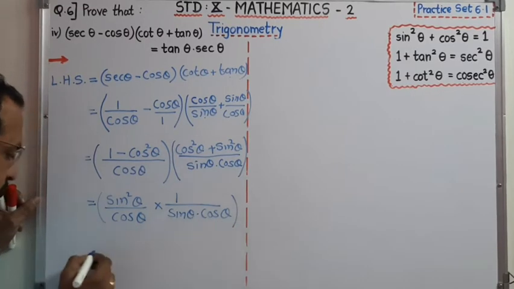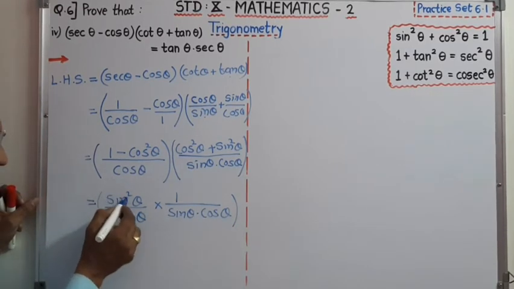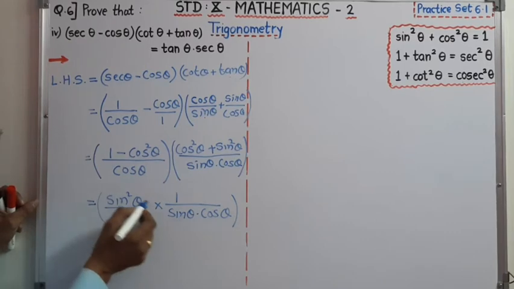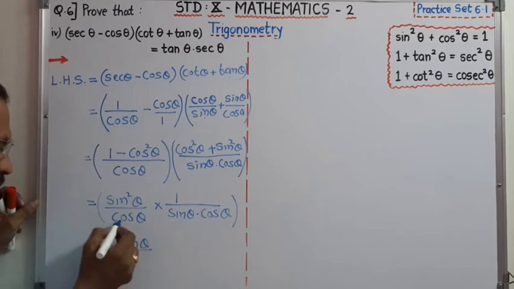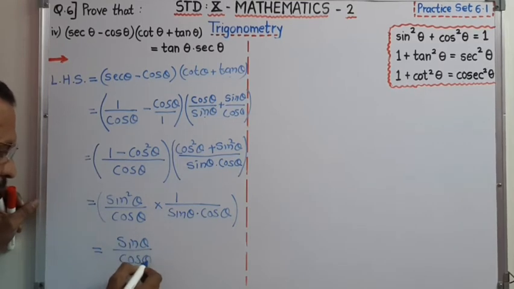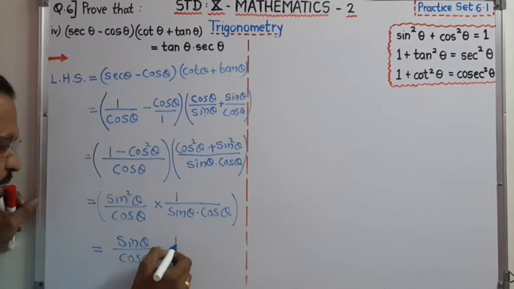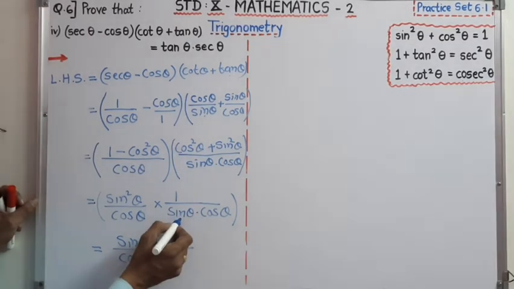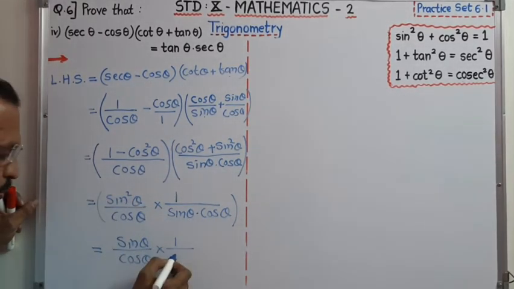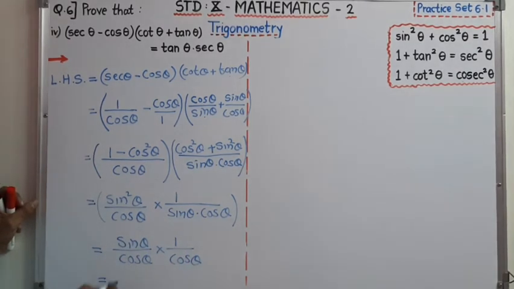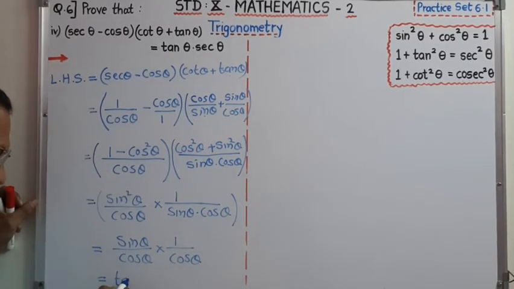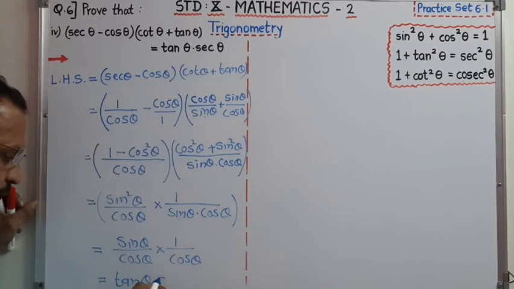Now dear students, see, this sin square theta and this sin theta get cancelled. 1 sin theta is remaining, this cos theta as it is, into this 1 upon this sin theta, it gets cancelled with this sin square theta, therefore only cos theta is remaining. Now dear student, you can understand, we require tan theta. Sin theta upon cos theta means tan theta, we know, and 1 upon cos theta means sec theta.